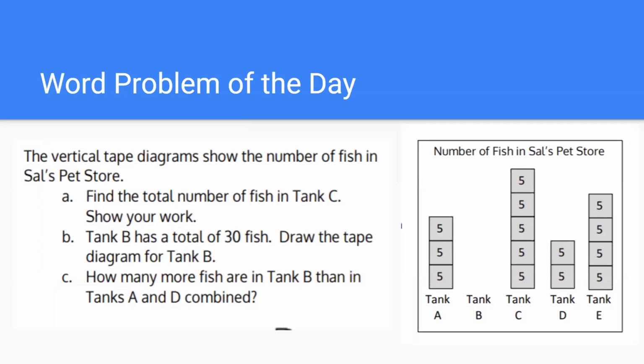This is our word problem of the day. I see vertical tape diagrams. The vertical tape diagrams show the number of fish in Sal's pet store. I see that there are 5 tanks.